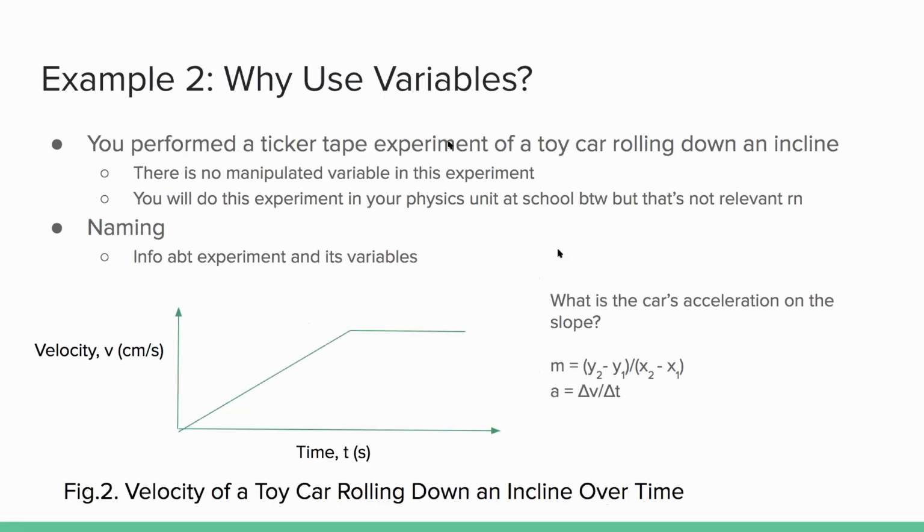To represent the change in y and x, we will substitute the y with the variable we have given for the y-axis and the variable we have given for the x-axis, which is t, where the slope is equal to acceleration in this graph, and the y is equal to velocity, represented by v, over time, represented by t.